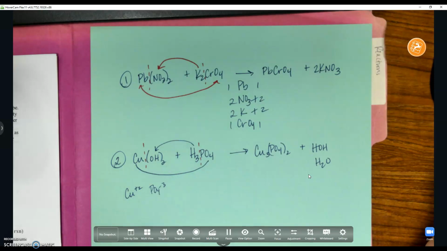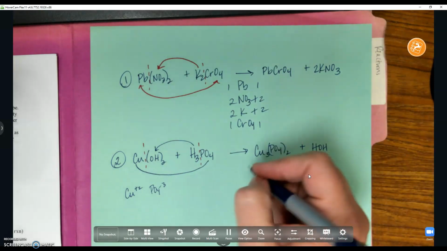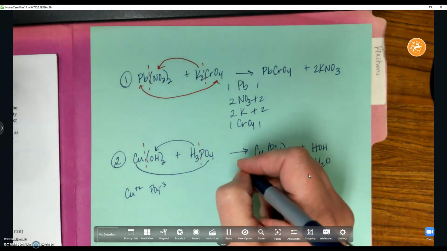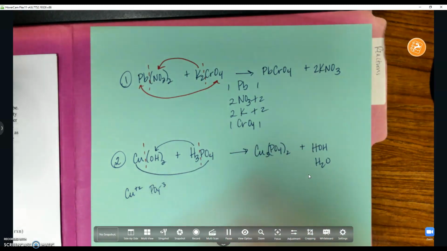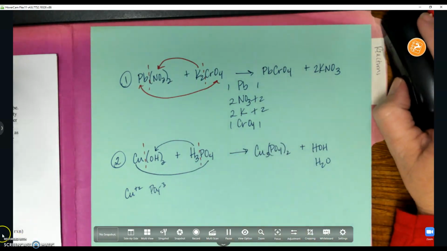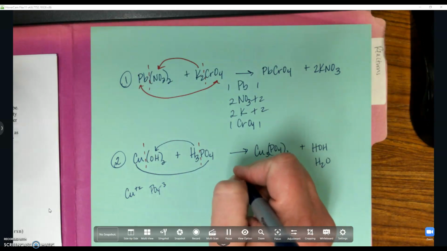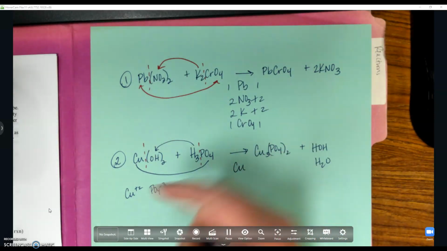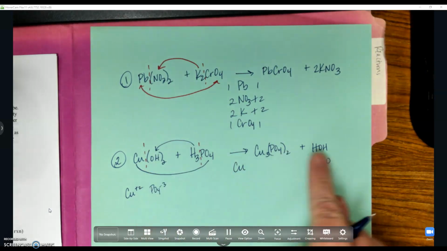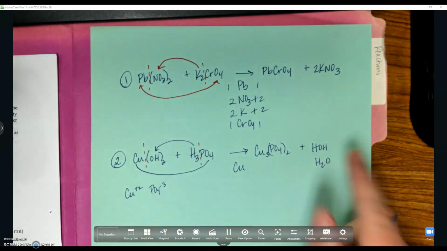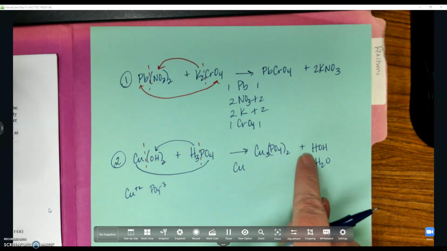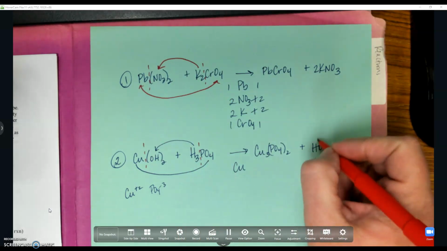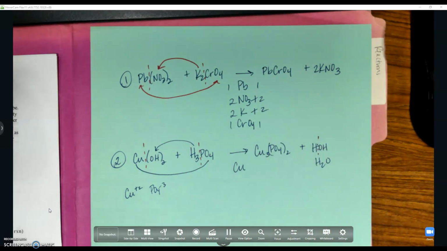And so as we do this, we're going to write everything under the arrow, or the yield sign. So I've got copper, I have hydroxide, and I have hydrogen and hydrogen. So I am going to split this water. We talked about that before, going ahead and splitting it.